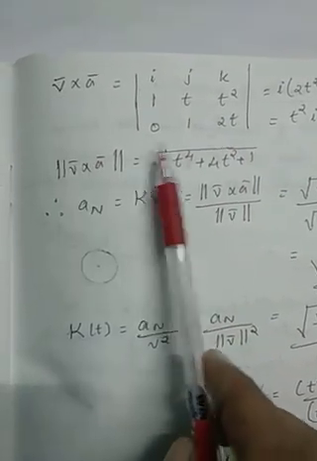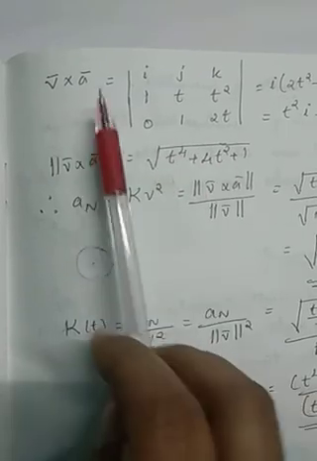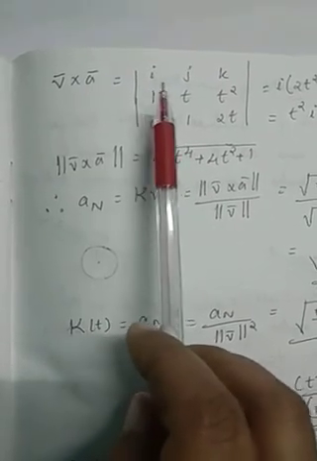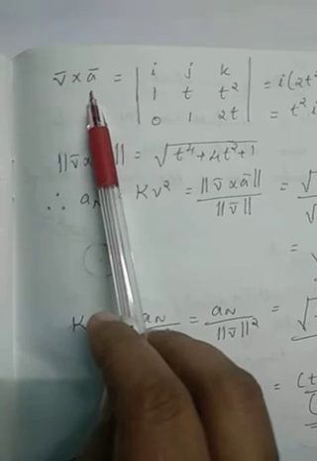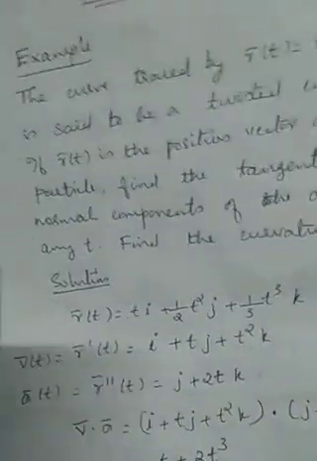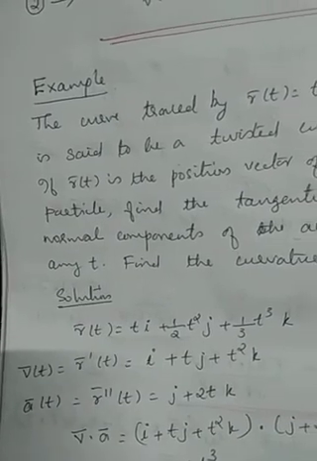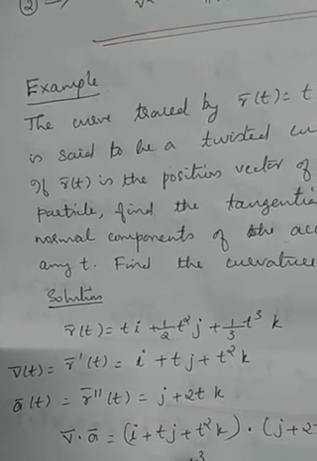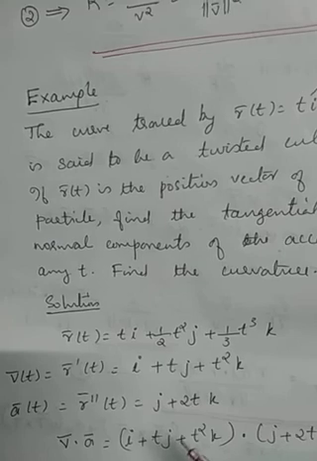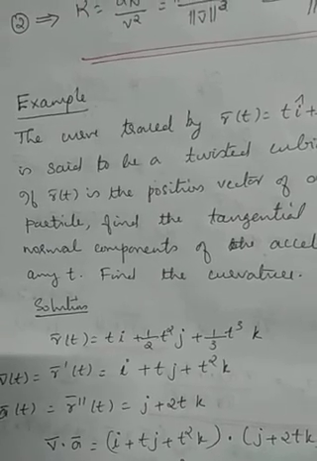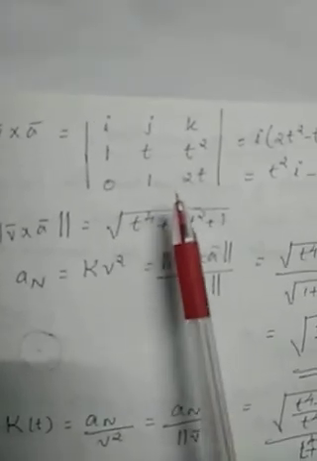Now, the third row contains the coefficients of the vectors i, j, k in the expression of A. We have vector A is equal to j plus 2tk. So, here there is no I term. So, the third row becomes 0, 1, 2t.